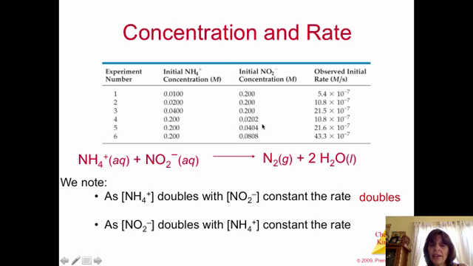When the nitrite doubles, as it does from here to here, again, you can see a doubling of the rate in both experiments. So these rates are both directly proportional to the change in concentration of the ions.